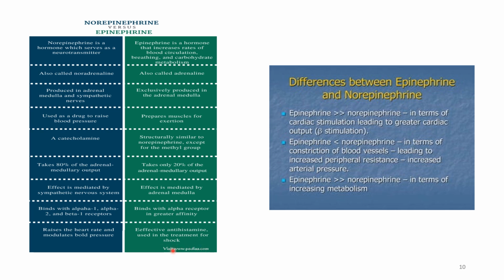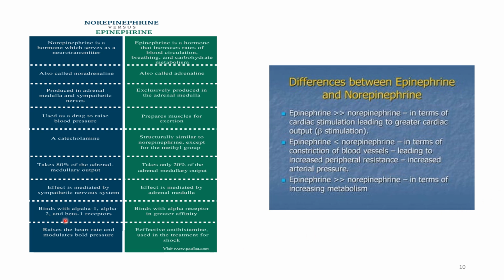So, epinephrine is given in treatment for shock because it is an effective antihistamine. So, you can see these differences. Epinephrine leads to more cardiac stimulation and more metabolism, and norepinephrine leads to constriction of the blood vessels more. Okay, and norepinephrine is not acting on the beta, so it won't dilate the blood vessel.